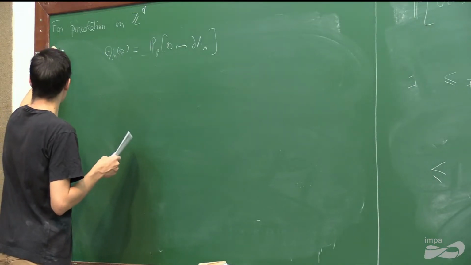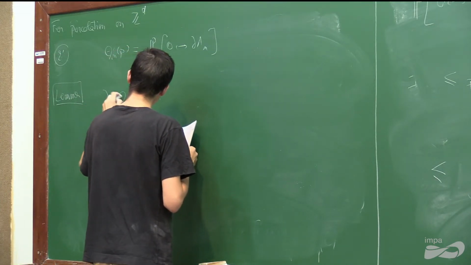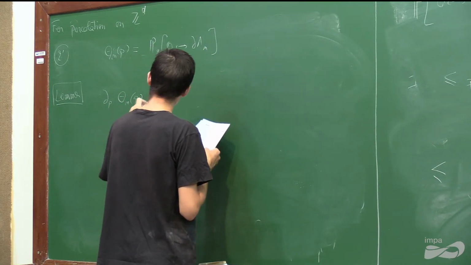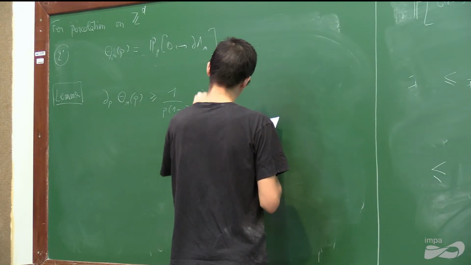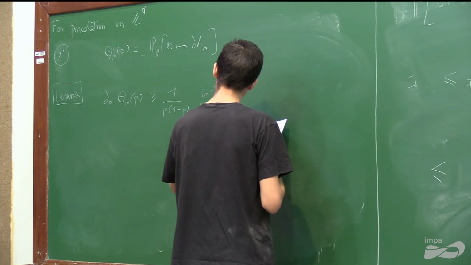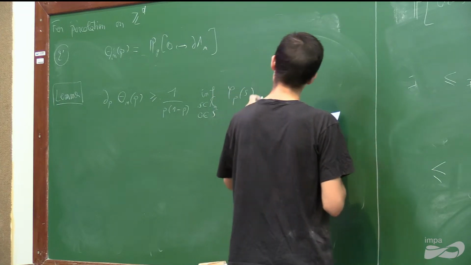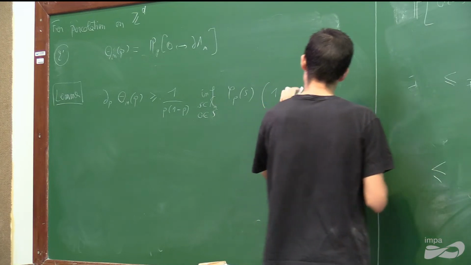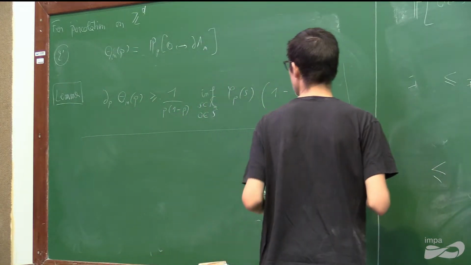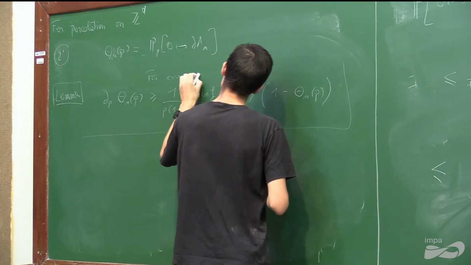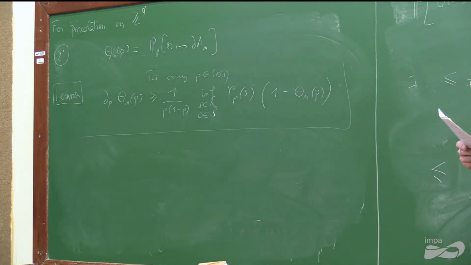And what we are going to prove is the following: the derivative of theta n p is larger than 1 over p(1 minus p) times the infimum over S included in Lambda n, such that 0 belongs to S, of phi p of S, times 1 minus theta n p, for every p in (0,1). Okay, so this is what we need to prove.